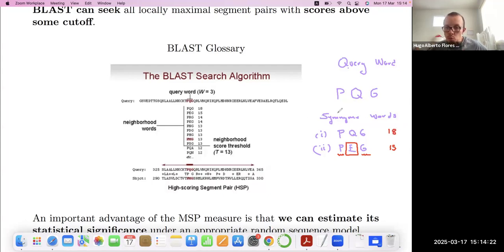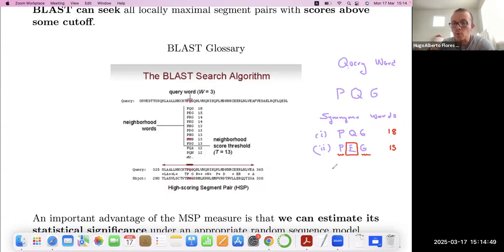So these synonym words or neighborhood words allow me to find something like a segment pair which I can compute very, very fast, this short score.